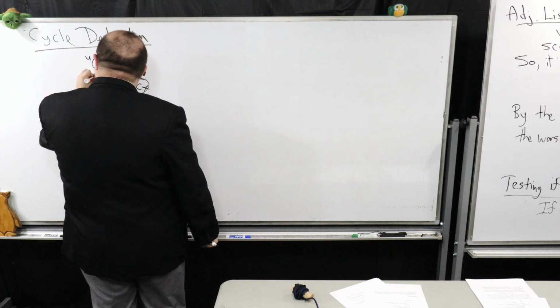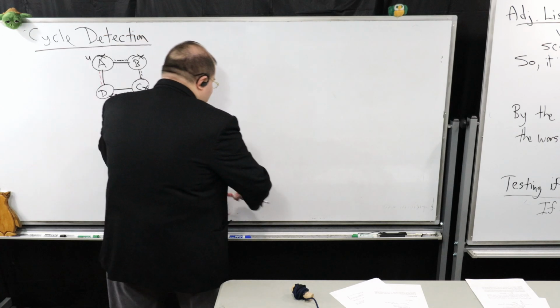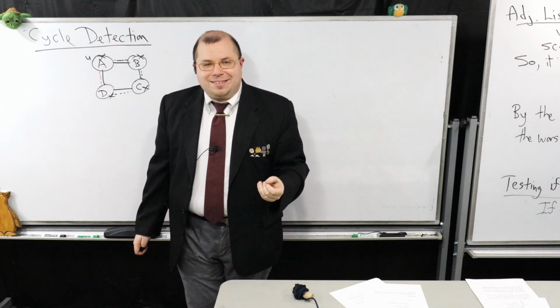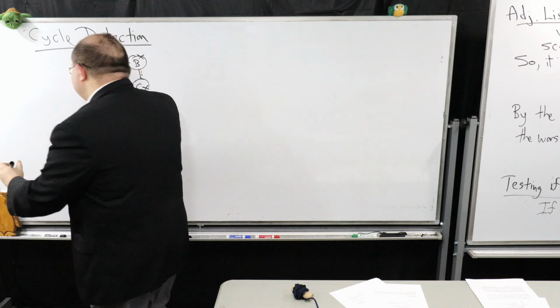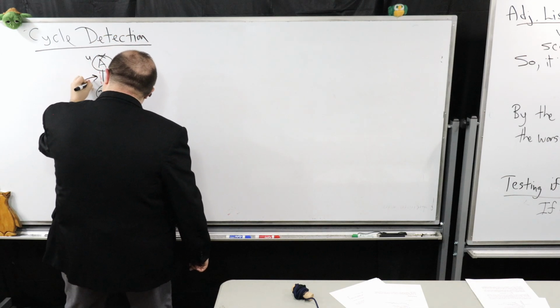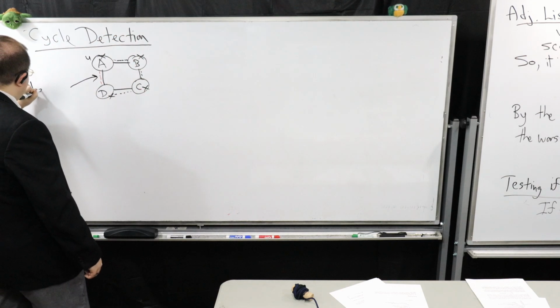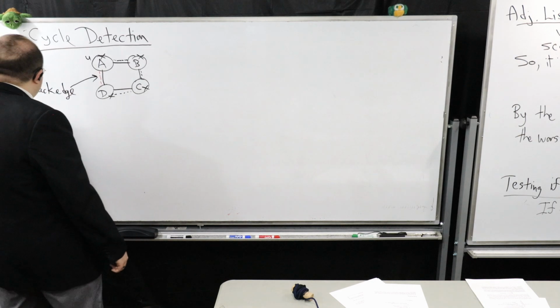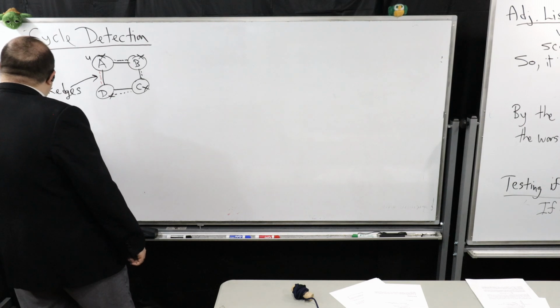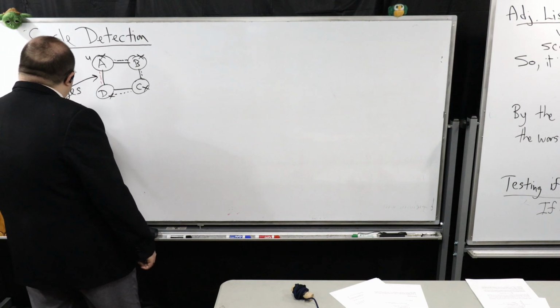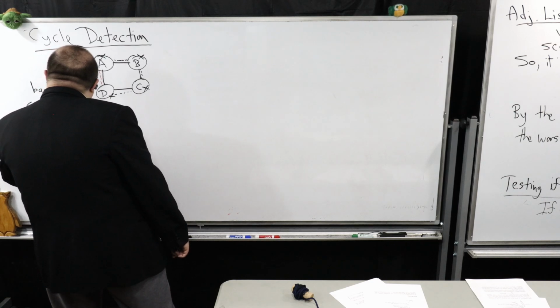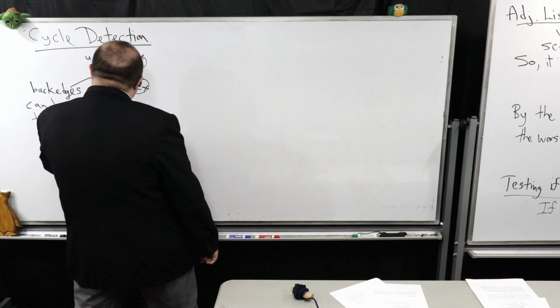This is the back edge. So believe it or not, I've actually given you a key ingredient for detecting cycles. Back edges can be used to form a cycle.